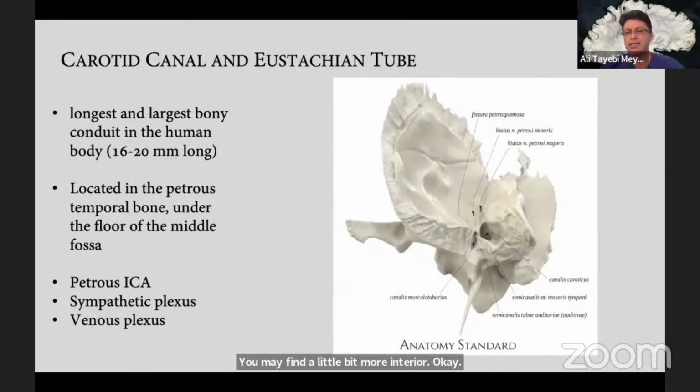The carotid canal is another deep canal, and this I borrowed from Anatomy Standard. Really beautiful pictures of temporal bone illustrations. And you can see this carotid canal, which runs in the petrous portion of the temporal bone, harbors the petrous ICA, a sympathetic plexus that gives up the deep petrosal nerve, and also a deep venous plexus around it.